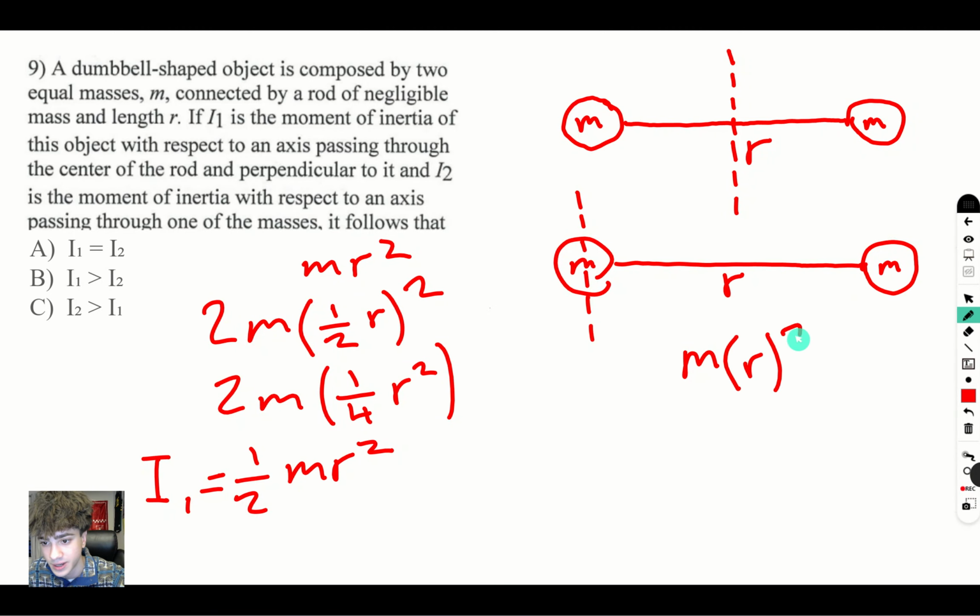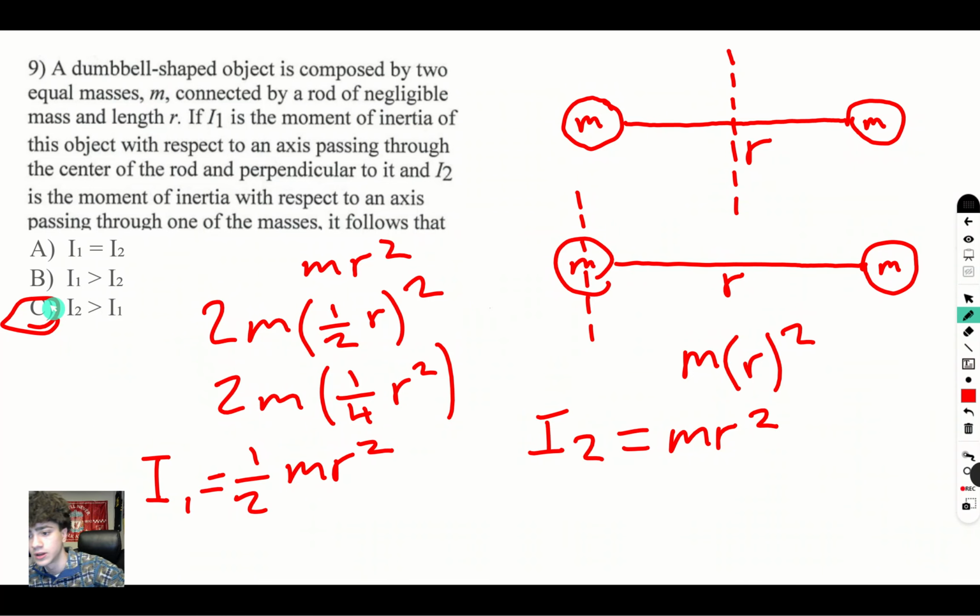So we'll have m times r squared, mr squared, which is our I2. And now, looking at both of the inertias, we notice that I2 is obviously greater than I1, and therefore solution C would be the correct answer.